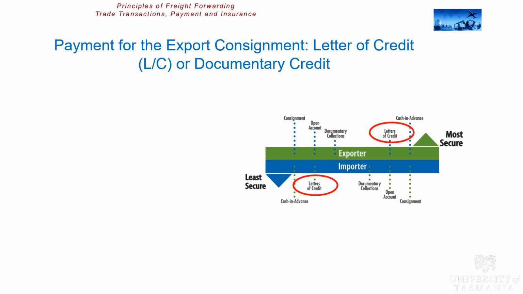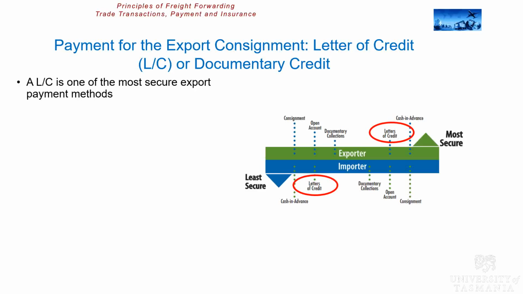It's not as popular as cash in advance, but a letter of credit is almost to a point of getting a guarantee of payment, whereas for your importer, a letter of credit is only a little bit better than cash in advance. However, it does provide them with some level of protection.